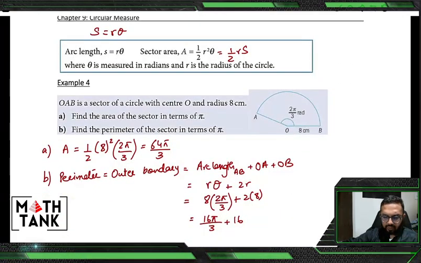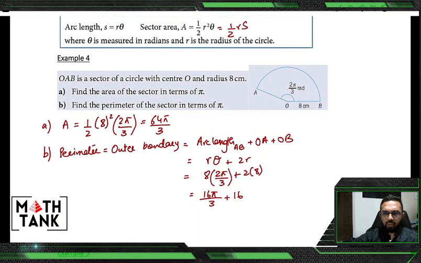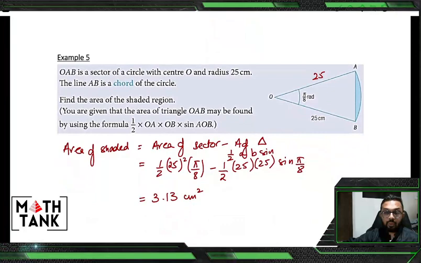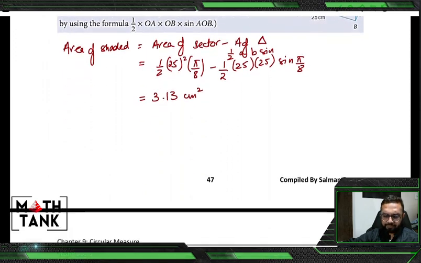But a large part of this chapter is about sectors and segments and circles and so on. So you have these two formulas, one for arc length and the other for area of sector. These questions are mostly about your basic understanding of applying formulas, and then doing a lot of algebra, to be honest, and a bit of mensuration as well that you do in O-level math, where you try to find the shaded areas in different cases.